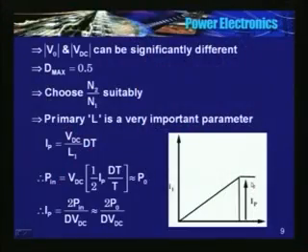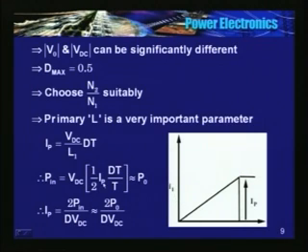What is the peak value of the current when the switch is closed? IP is equal to VDC divided by L1 into D into T. The slope of this line is VDC divided by L1, and this is the time for which the switch is closed. So, what is the input power? Input power is input voltage VDC into the average value of the primary current. What is the average value of I1?